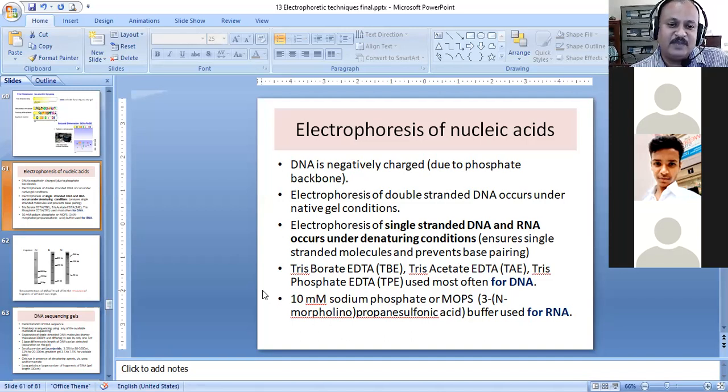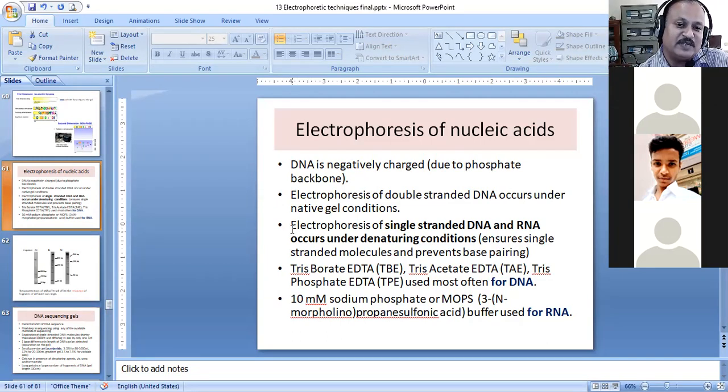Now, another important thing is that DNA could be either single stranded DNA or double stranded DNA. RNA is single stranded, usually. So when we are using double stranded molecules as the sample molecules, there is nothing much to worry about.